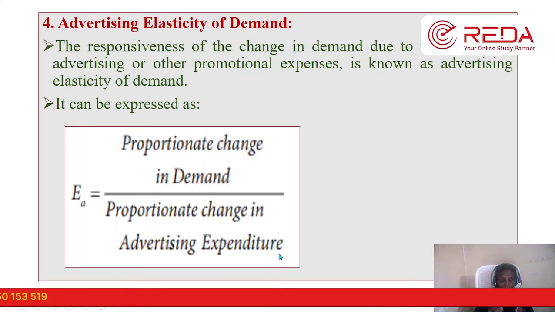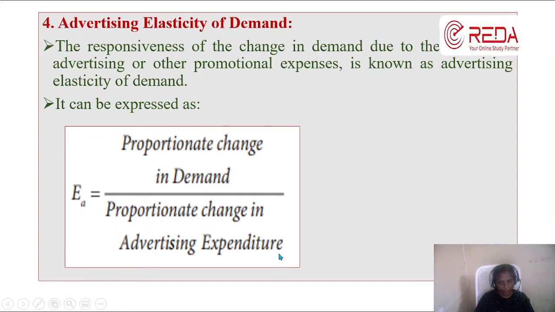If you are running a company, if you are involved in any entrepreneurial activity, or if you are a very big producer in the manufacturing sector, what will you do nowadays? The simplest and easiest way to reach the consumer in a very short period is advertisement.